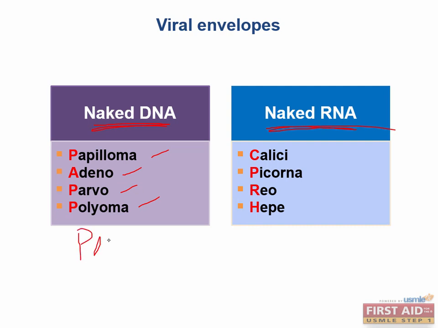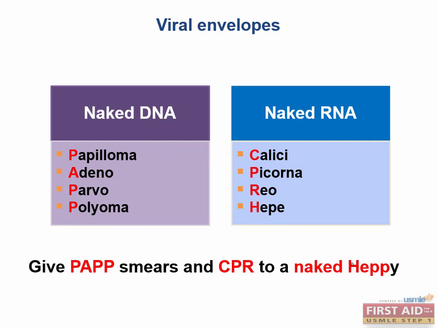Think of pap and think of the pap smear. The 4 RNA viruses are calicivirus, picornavirus, reovirus, and hepevirus. Think of CPR-H. So, let's give pap smears and CPR to naked herpes.